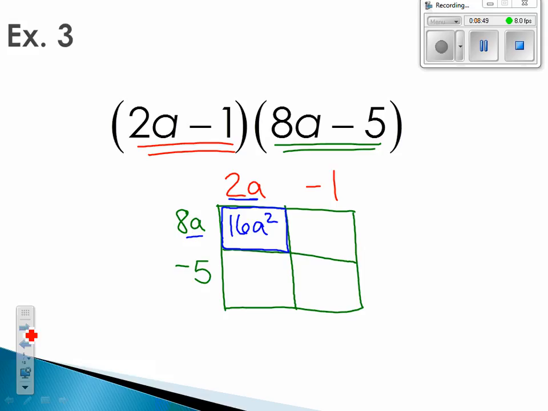Now I move to my next box: 8a times -1 is -8a.